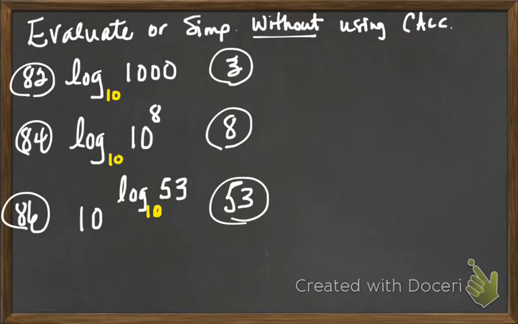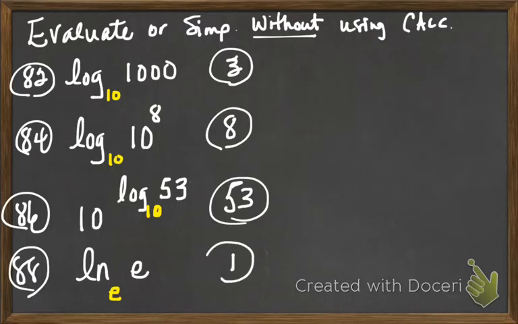Same thing's going to happen in number 88. You're going to have ln of e. The base of ln is an understood e. And so the question is, e to what exponent is equal to e? 1.